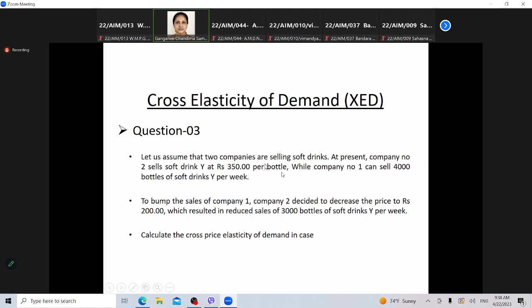Okay, understand the situation. To bump the sales of company 1, that means increase the sales, company 2 decided to decrease the price. Company 2 is at 350 per bottle, and they decrease the price from 350 to 200, which resulted in reduced sales of 3,000 bottles of soft drink Y per week.